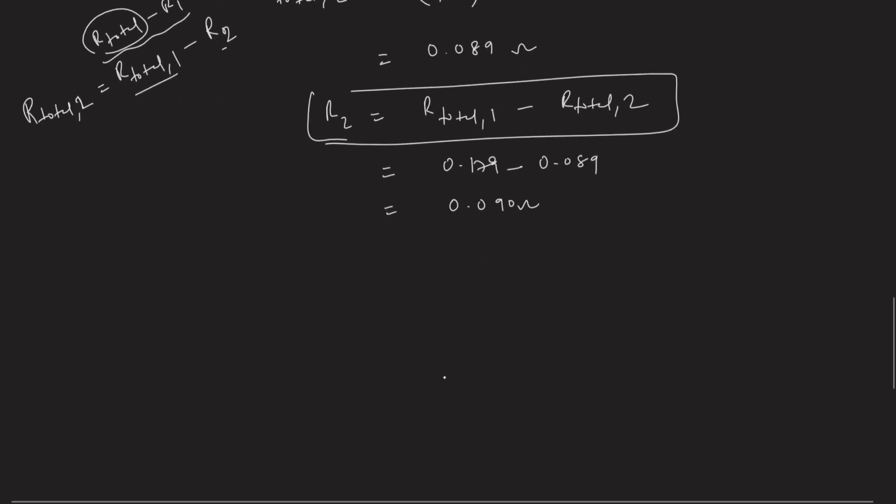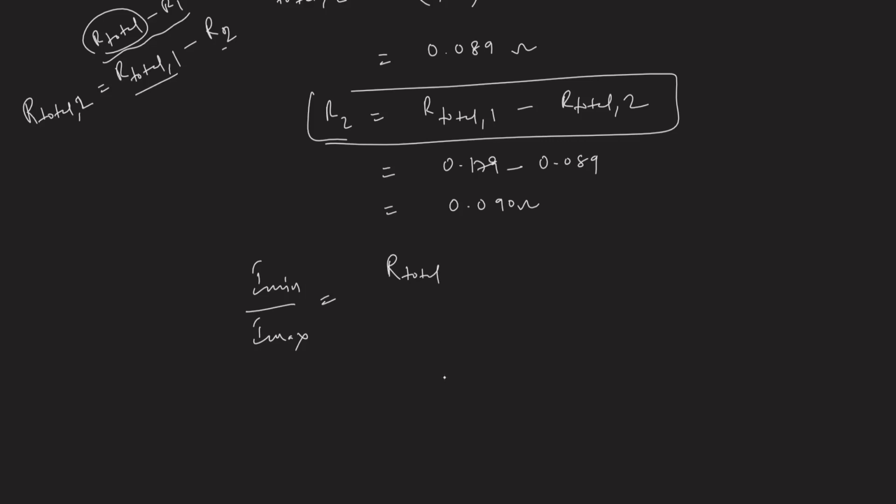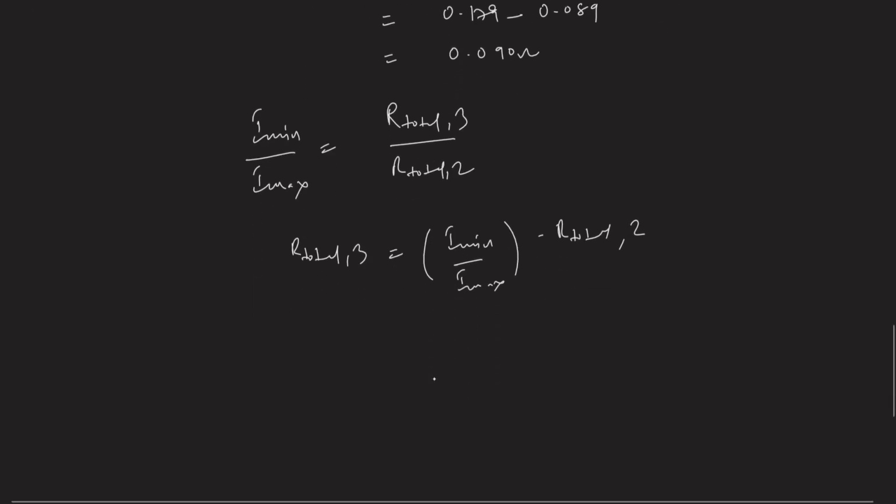Similarly, I minimum by I maximum is equal to R total comma 3 by R total comma 2. So R total comma 3 is equal to I minimum by I maximum into R total comma 2. So how much is it coming to?